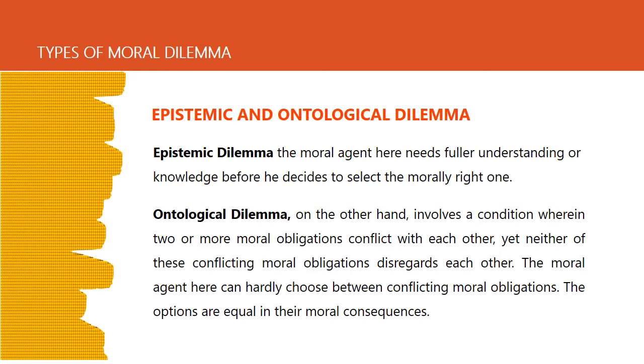Ontological dilemma, on the other hand, involves a condition wherein two or more moral obligations conflict with each other, yet neither of these conflicting moral obligations disregards the other. The moral agent here can hardly choose between conflicting moral obligations.